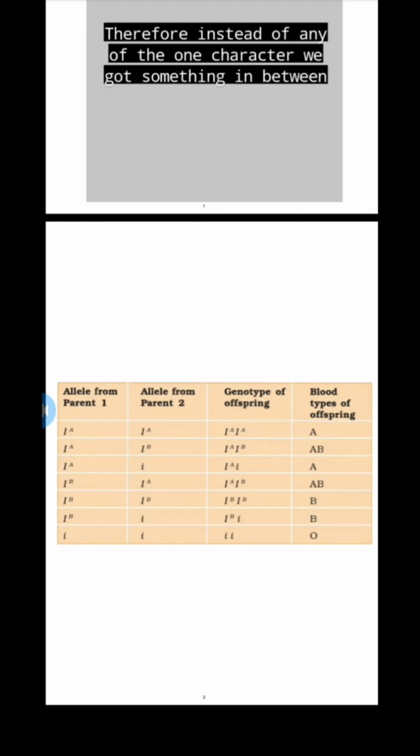If one parent is IB and the second one is small i, the progeny will have a B blood grouping. If both the parents have small i, the progeny will have an O blood group. Now over here we see IA IA and IB IB are homozygous, and IA small i and IB small i are heterozygous.